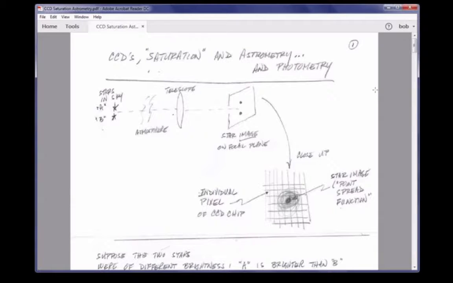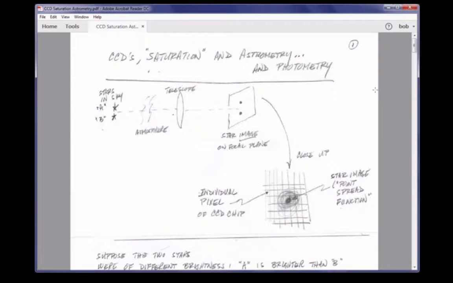And the telescope's job is to collect some of that light and form an image on the focal plane. So with any luck, what you see on your focal plane is 2 little dots, and their intensity and relative positions and separations are in a known relationship to the truth out there at the stars in the sky.